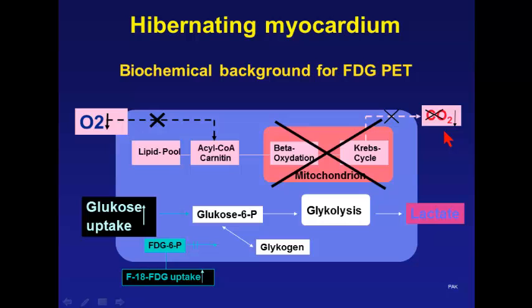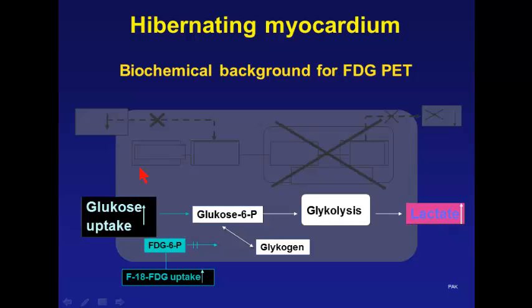Now, if the oxygen supply is decreased, then the myocyte has the ability to change the balance a little bit towards less use of fatty acids and more use of glucose, and then we have the glycolysis with lactate production, and so we change now a bit more into this axis here. Glucose uptake increases, and then we produce lactate in parallel, almost in parallel.